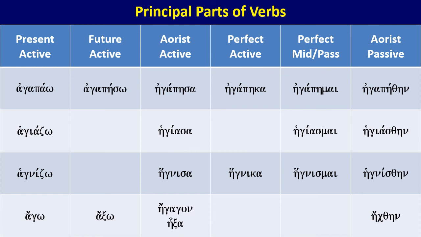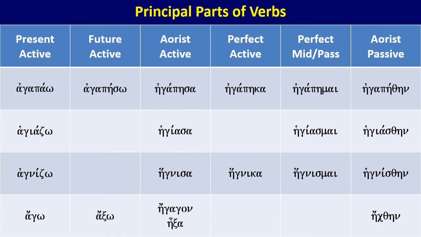Agapao means I love, and it's in the present active indicative form there, first person singular. By the way, these are all in the first person singular. We don't get the second person singular, third person. It's not conjugated. You don't see a whole paradigm up here, because those who put these charts together understand that if you've got the first person singular, you can figure out the other persons and singular and plural forms.